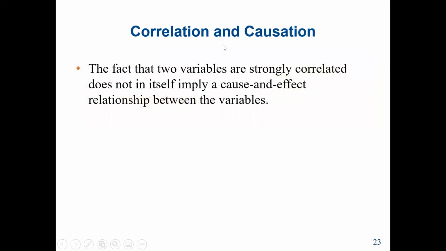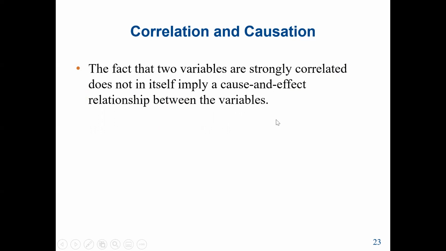Now, next we say correlation and causation. As we said earlier, the fact that two variables are strongly correlated, or there's an association or relationship between two variables, does not in itself mean a cause and effect relationship between the two variables. So you may have two variables that have a relationship, but they don't have causation.